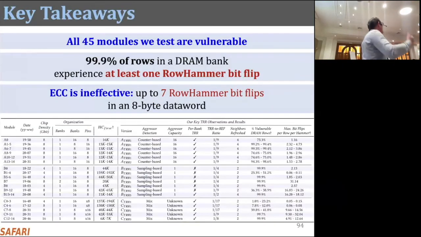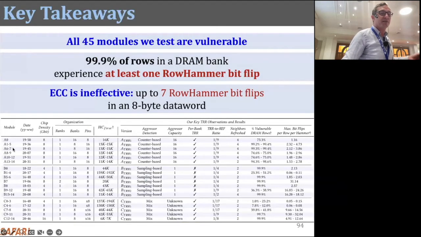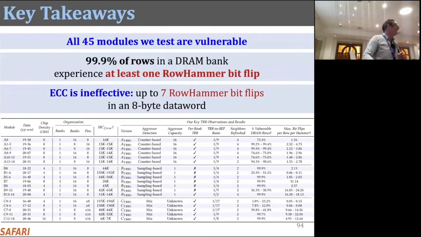Once you use that basic idea, you can craft access patterns to actually cause these bit flips, and you can also figure out what's going on. And we basically figured out what different manufacturers are doing. Again, A, B, C: Samsung, Hynix, Micron. The reason we were not able to say these was because there was a person from industry on the paper also, and they were not allowed to write that.